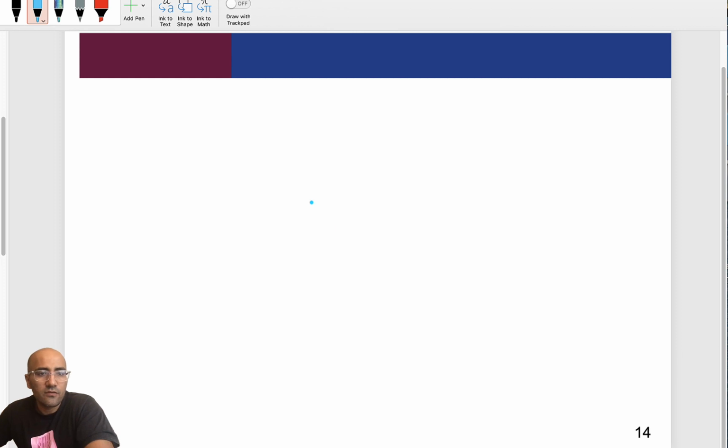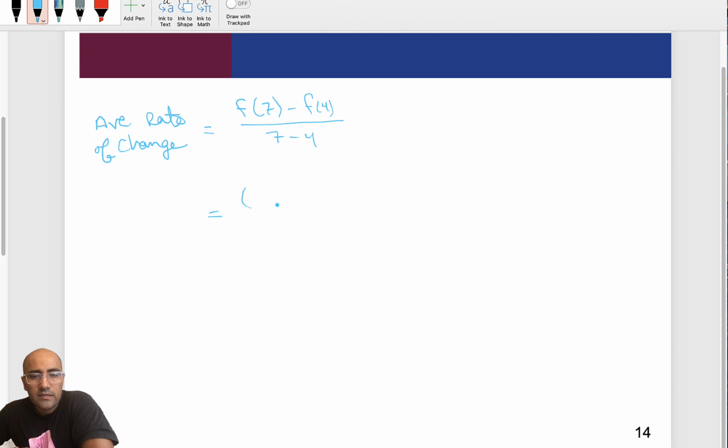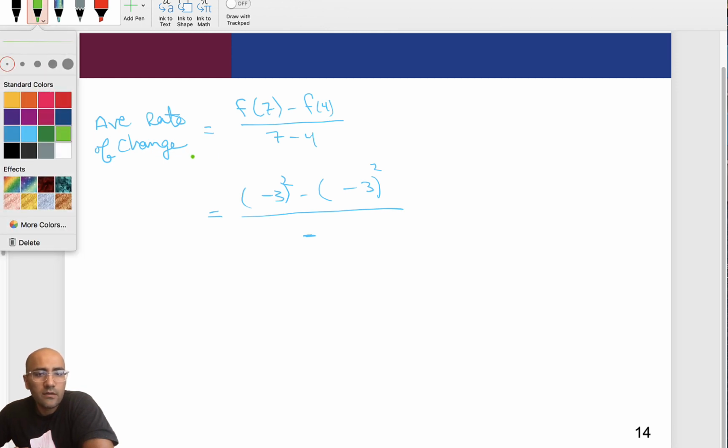4 and 7. So for the other one, the average rate of change is going to be f of 7 minus f of 4 all over 7 minus 4. Okay, and again, it's blank minus 3 squared minus blank minus 3 squared, and then we subtract them down here. So let's plug in the green one again.